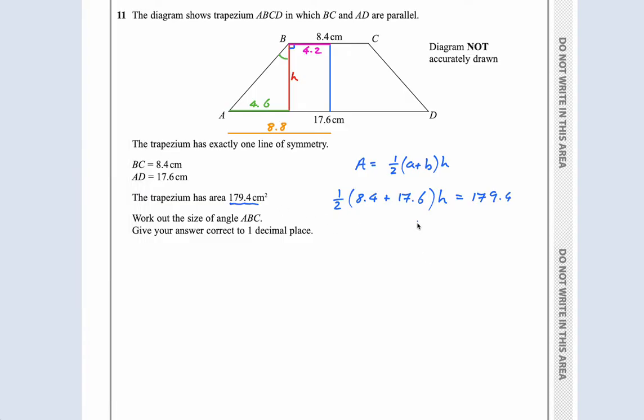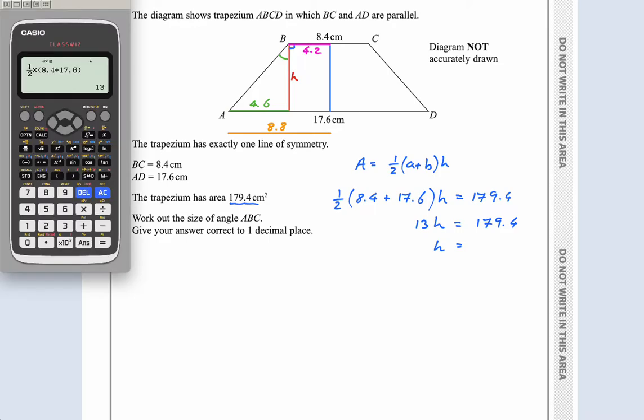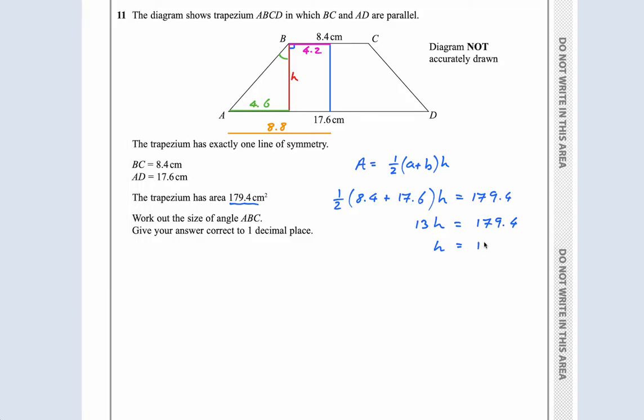So 13h equals this, which means h is this divided by 13. 179.4 divided by 13 is 69 over 5, which is 13.8. Okay, now I have h is 13.8.